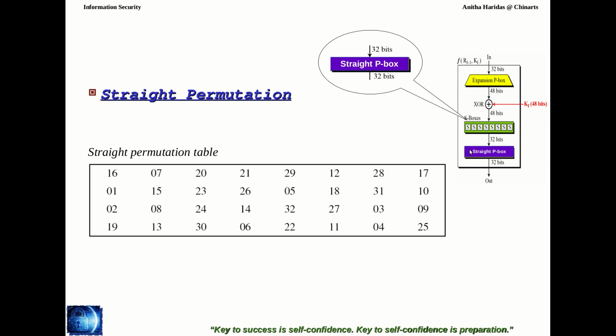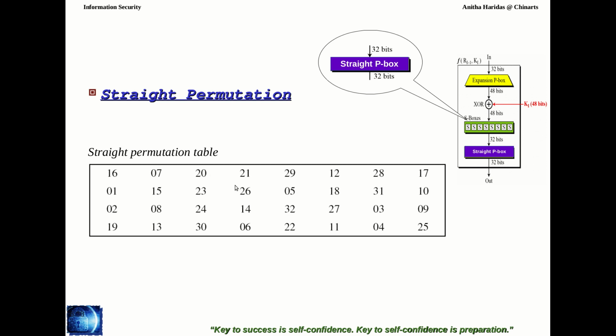So the straight P-box is expanded here. The input for the straight P-box is 32 bits and the output is again 32 bits. So it is simply doing shuffling again, using a straight permutation table, and based on this table, the 32-bit input produces the 32-bit output. This is the last operation in the DES function.